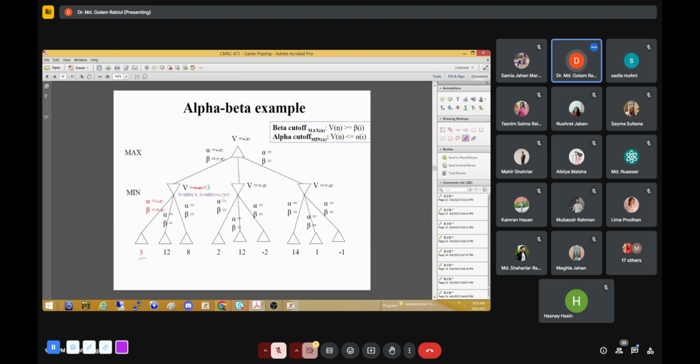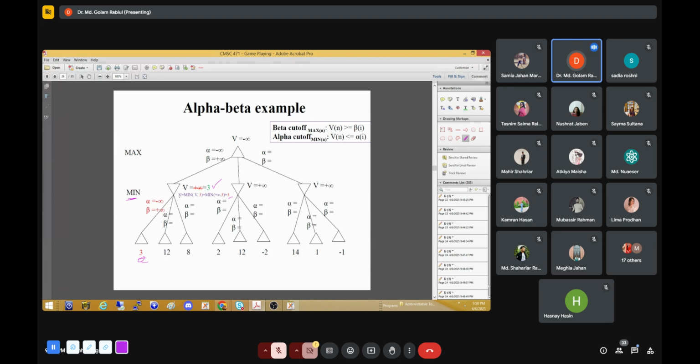So positive infinite and 3, between these two, which one is the minimum? Minimum is 3. So here is the 3. So v will be 3, and the value will be updated to 3. Using this principle, that is which one is minimum, the minimum is 3.